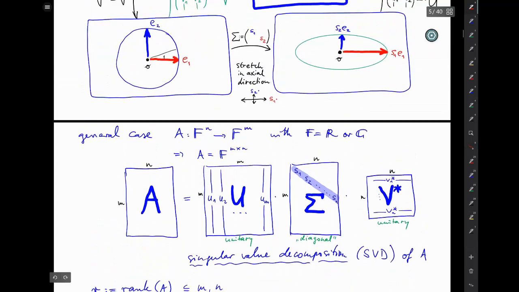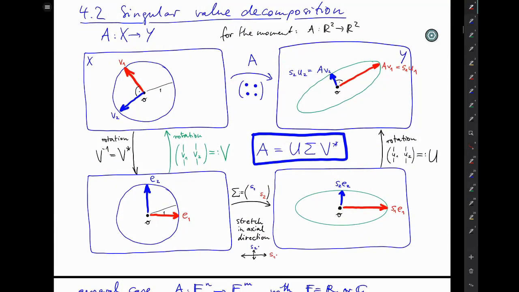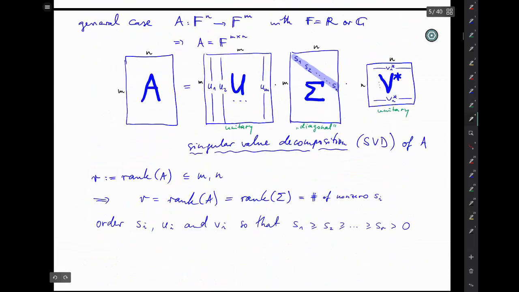And one important equality that we could already say at this point is that the largest singular value is the operator norm of A. So recall that this length here is the norm of A. We used to say this is the biggest radius of the ellipse or whatever it is on the other side.